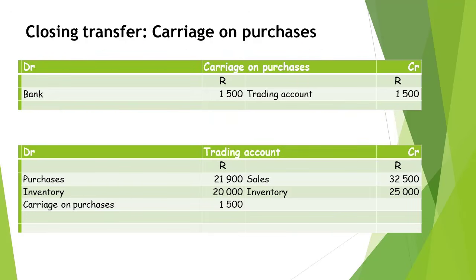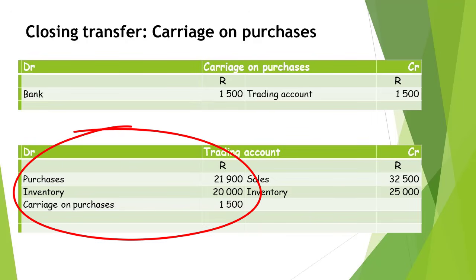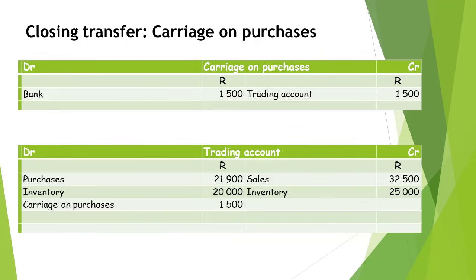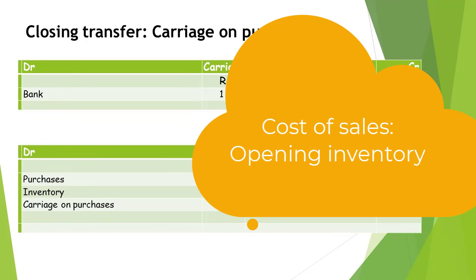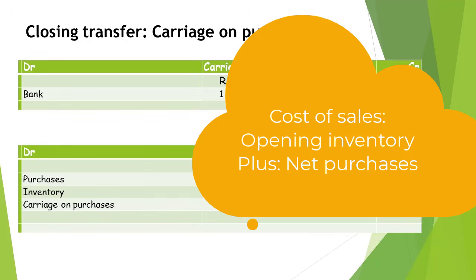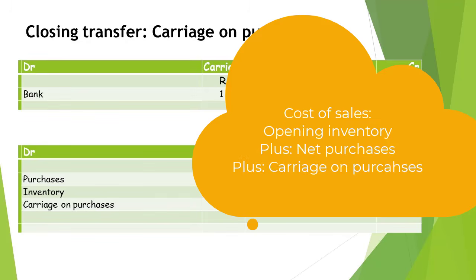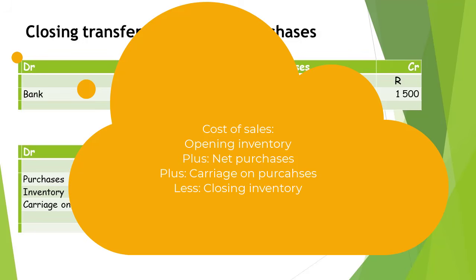When looking at the trading account, the net purchases, opening inventory, and carriage on purchases appear on the debit side. If you think back to the calculation of cost of sales, we said that it is calculated by taking the opening inventory plus net purchases plus carriage on purchases less closing inventory.